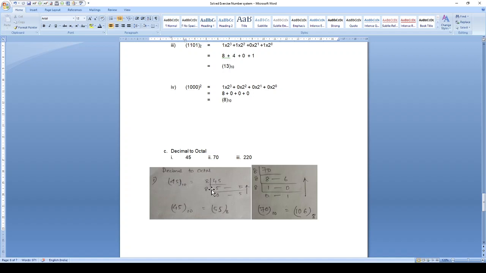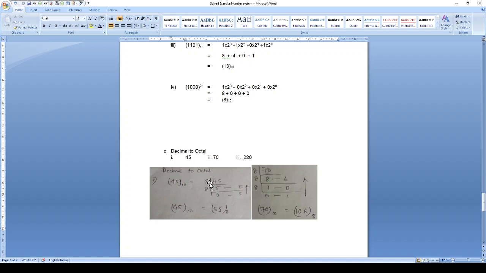So 45 into octal, how can you convert? For binary, you divided the decimal by the base of the binary number system. Similarly, here you will divide the decimal number by the base of the octal number system. Right? What is the base of the octal number system? It's 8.